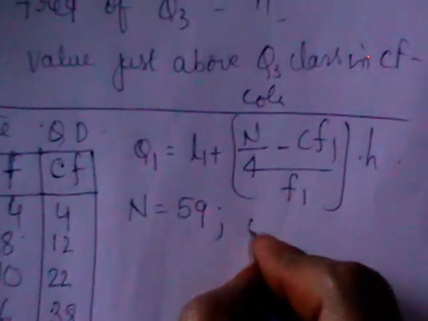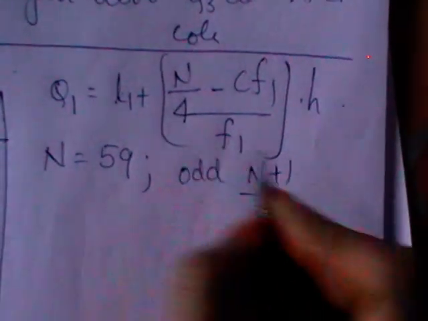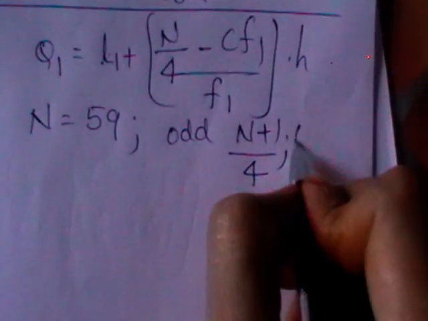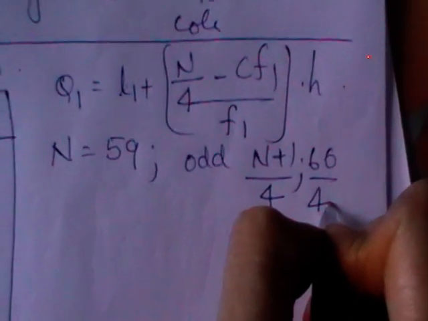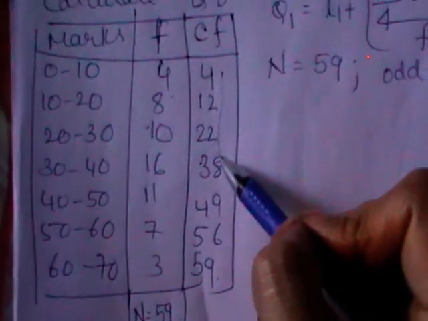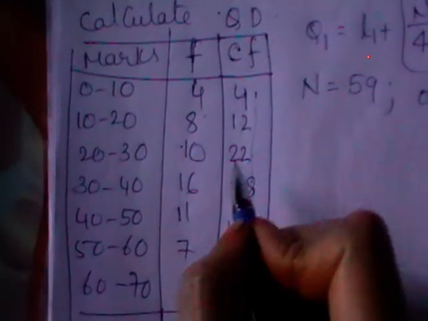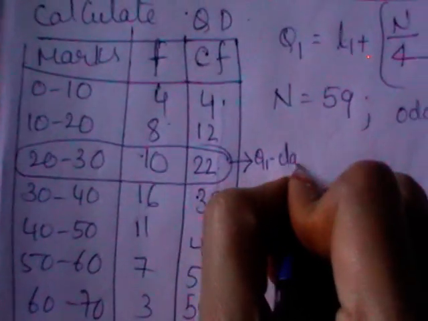As it is odd, you consider n plus 1 by 4, which is 60 by 4, which is nothing but 15. From the CF column, identify the value just above this 15. 22 is just above. Circle this; we call this the Q1 class.